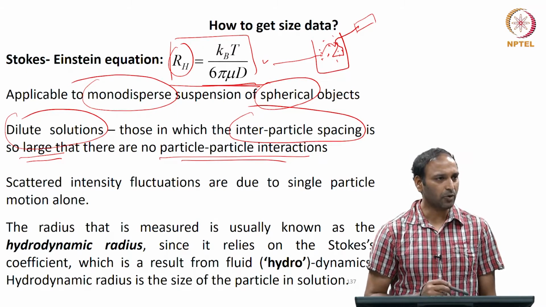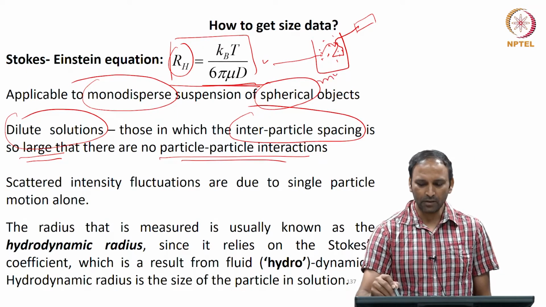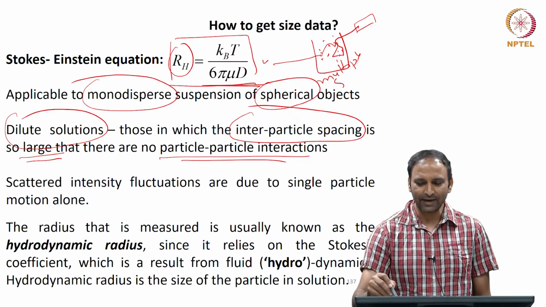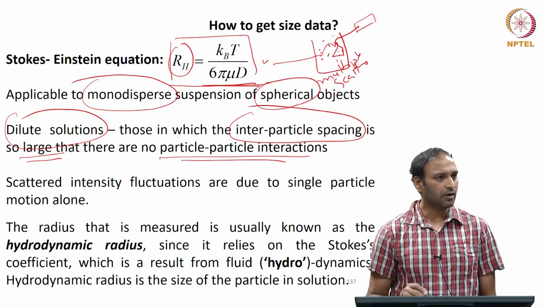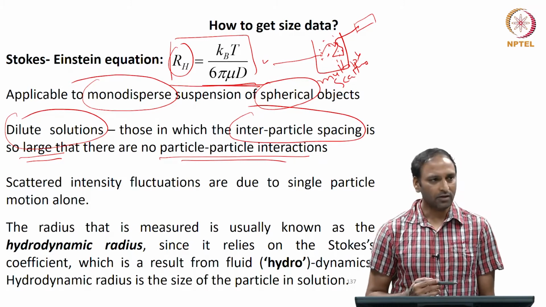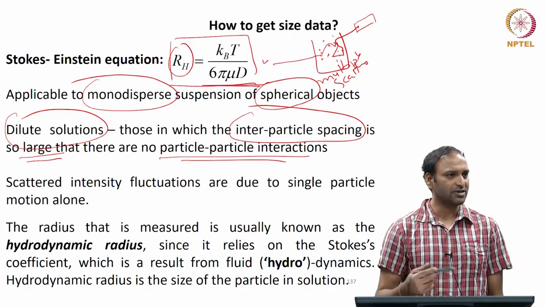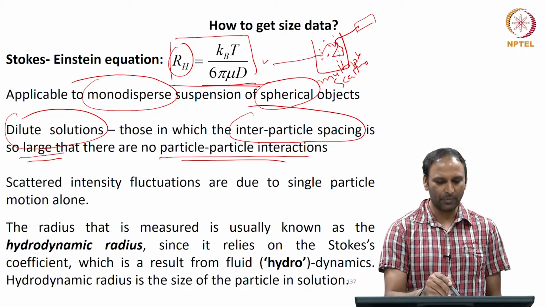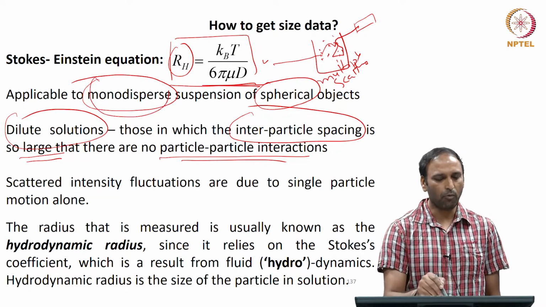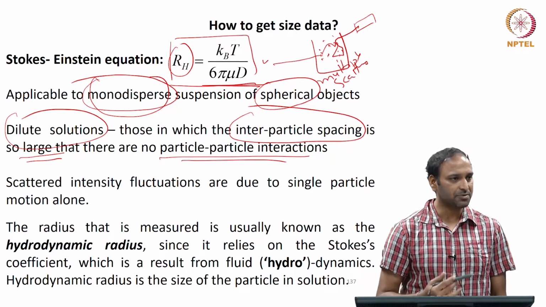There could be what is called multiple scattering events. When you have multiple scattering events, you cannot apply the analysis that we are going to do, the typical analysis that is applicable for monodisperse, dilute dispersions.